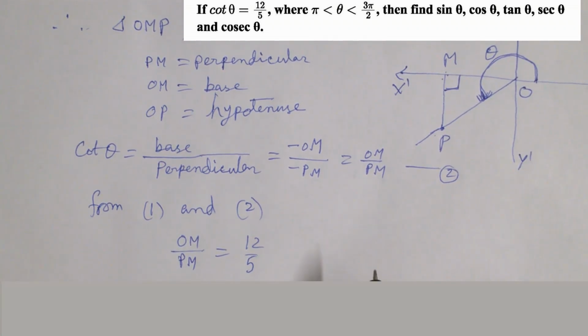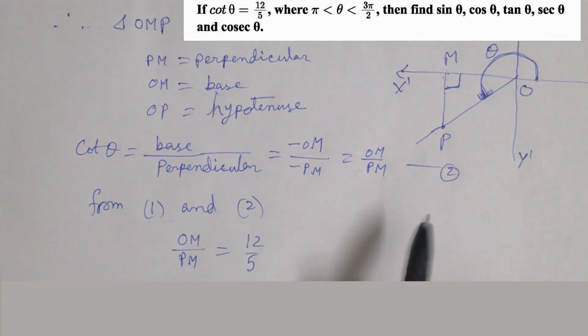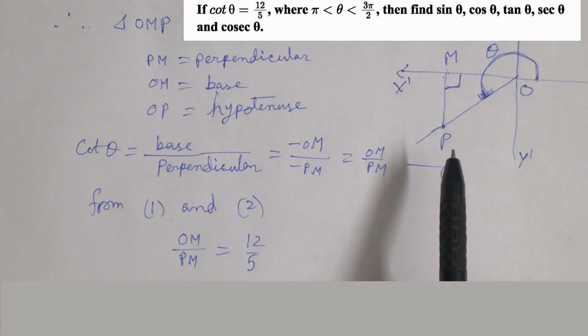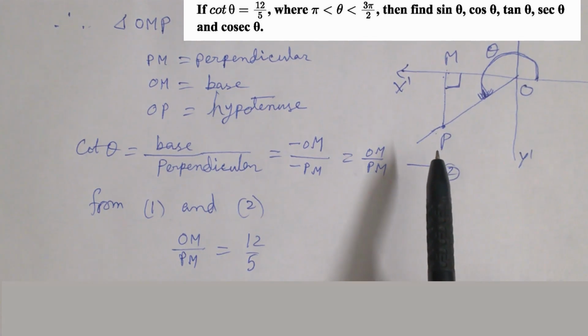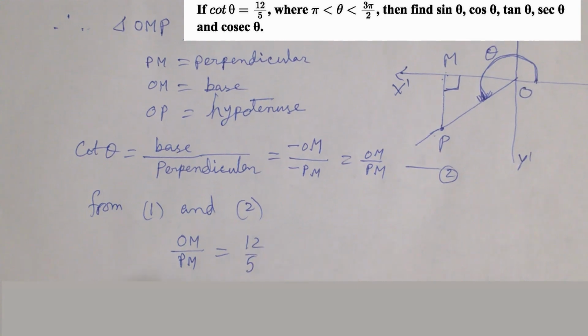To find the values of sin theta, cos theta, tan theta and others, we need to find OP. Here, the left hand side is a ratio and the right hand side is a ratio.